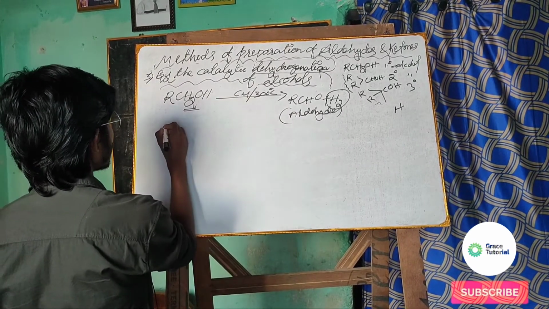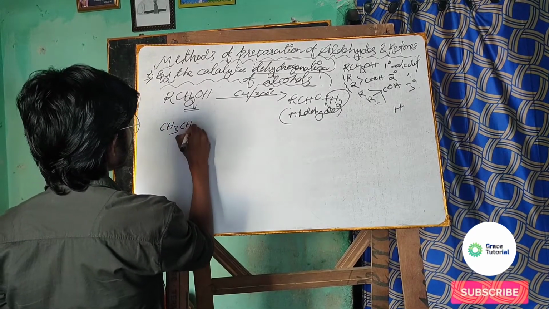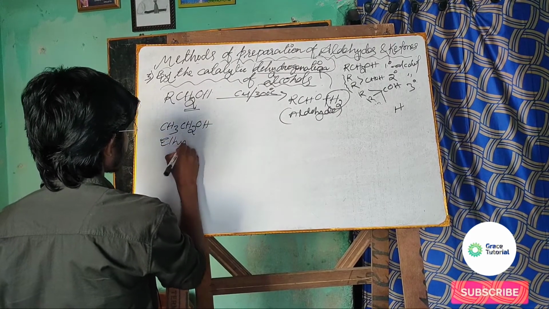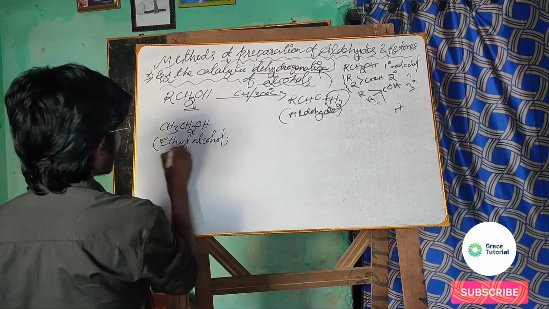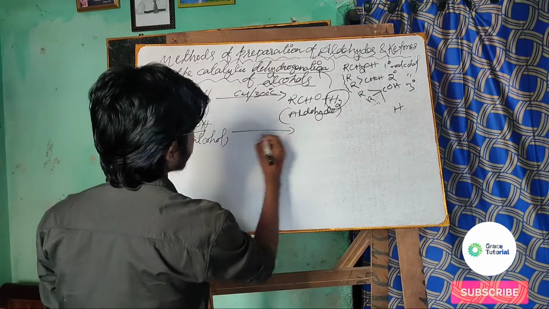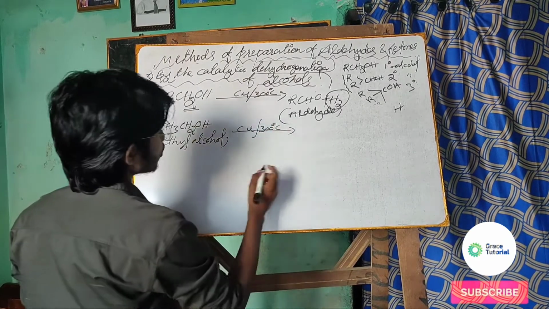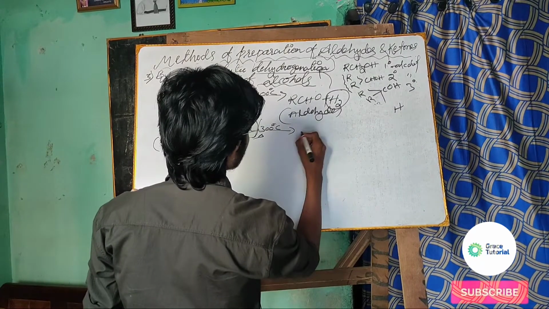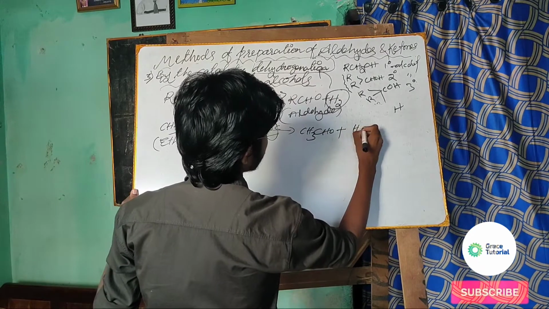The specific example is CH3CH2OH, which is ethyl alcohol. When it is heated with copper at 300 degrees centigrade, what happens is CH3CHO and hydrogen are formed.